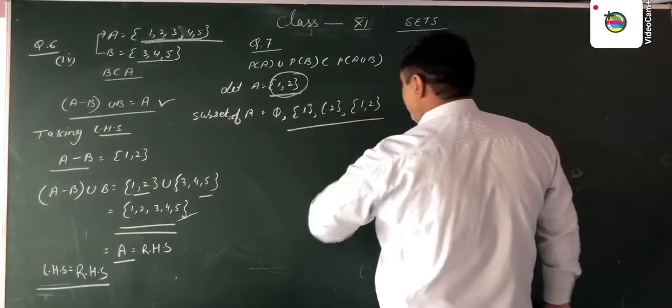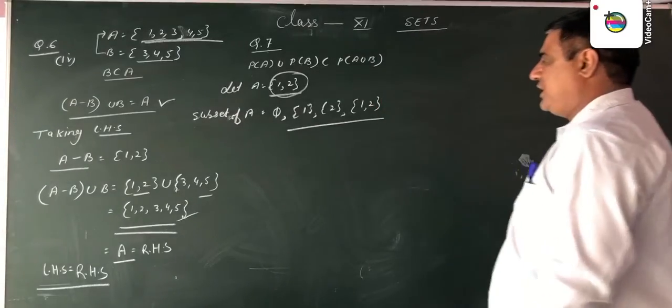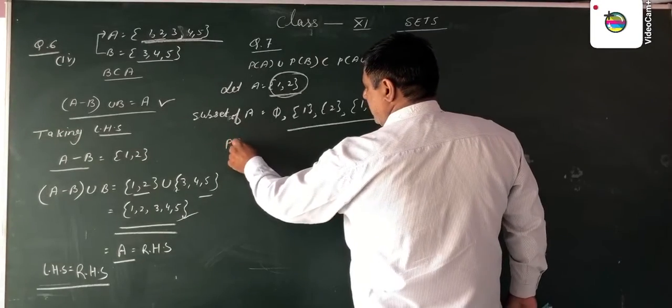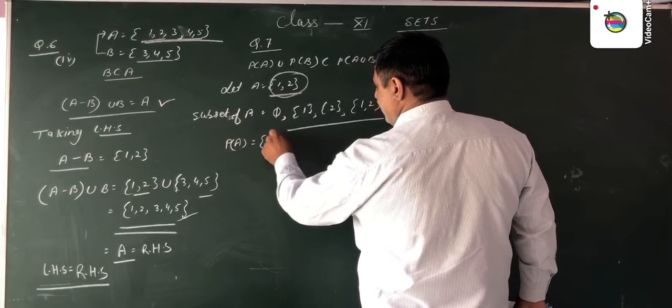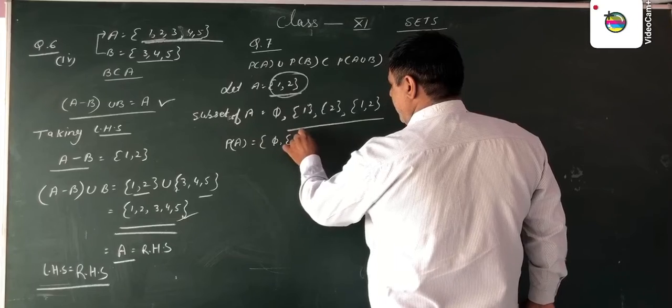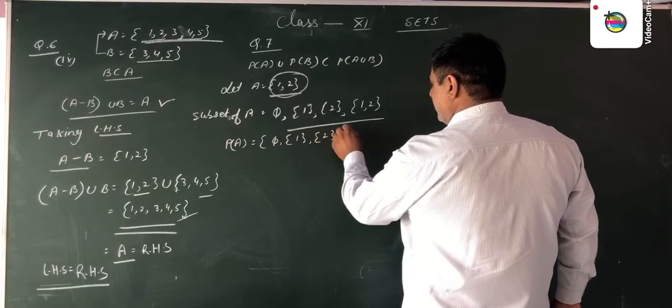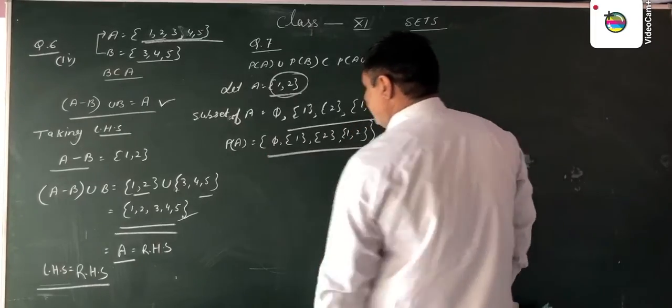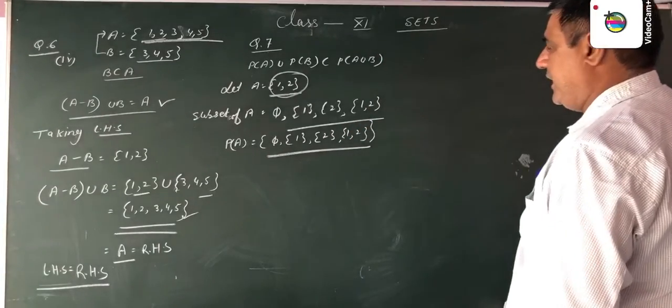These are the 4 elements of the subsets of A. Now we write them in a set: the empty set, {1}, {2}, {1, 2}. Then this becomes the power set of A.